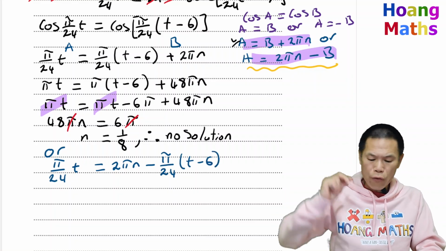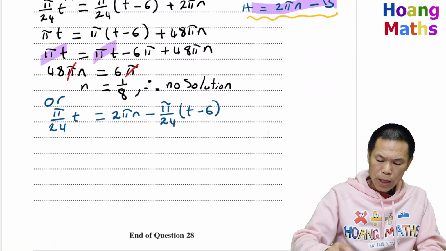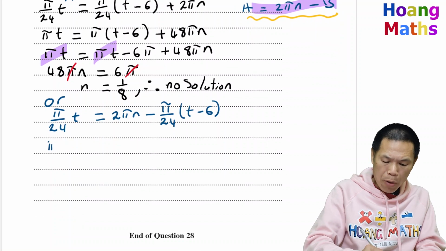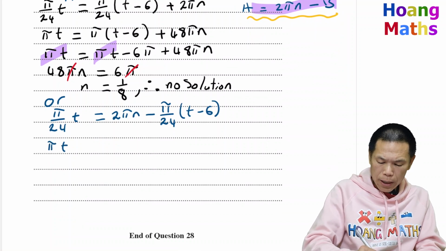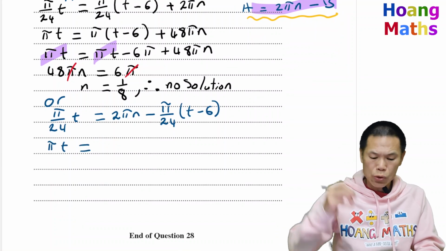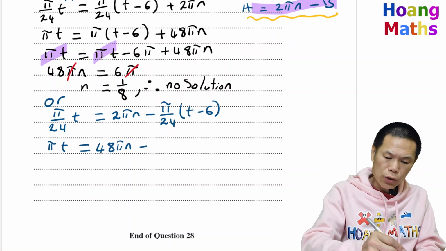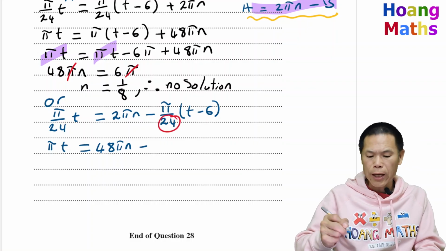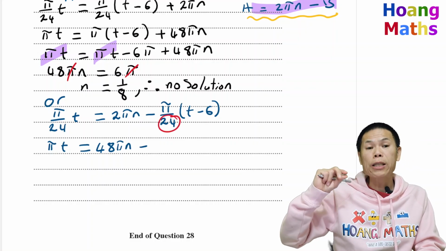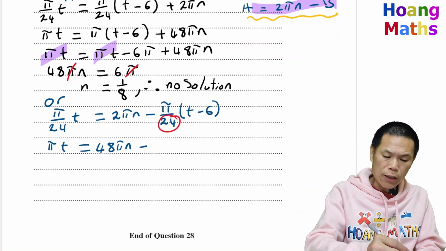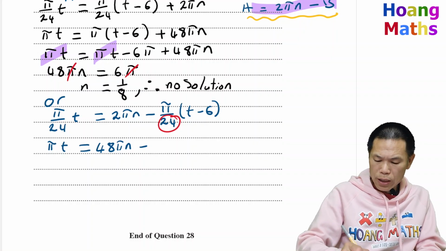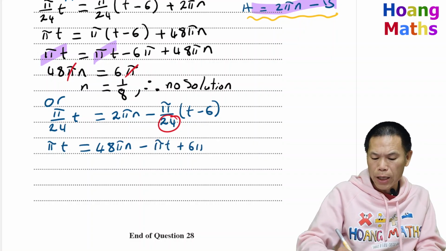I times 24 on both sides, so that will give me pi t is equal to 24 times 2, 48 pi n. The 24 cancels out, so we leave with negative pi times the brackets. We expand the bracket as well, so this gives me negative pi t plus 6 pi.